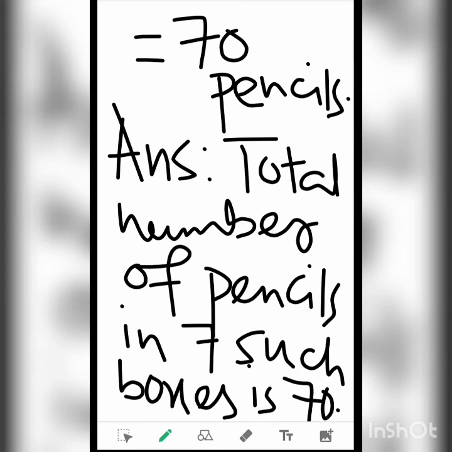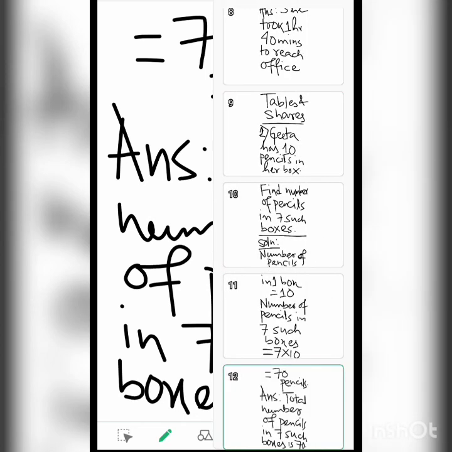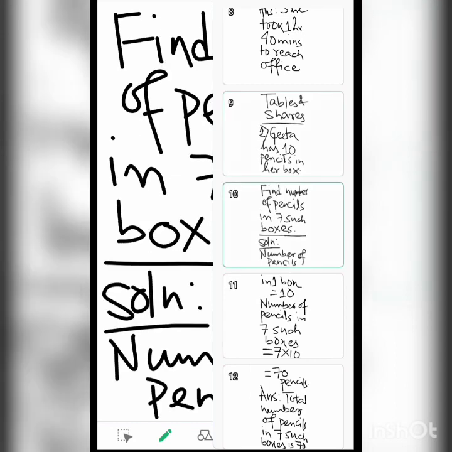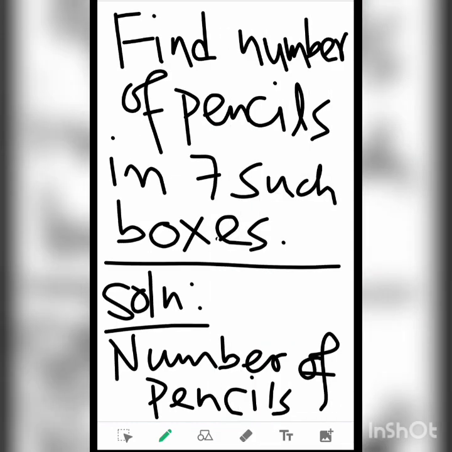Now let us just recapitulate what we have learned. Now we wrote the question, Geeta has 10 pencils in her box. Coming to the next board, find number of pencils in 7 such boxes. If there are 10 pencils in one box, you have to find total number of pencils in 7 such boxes.